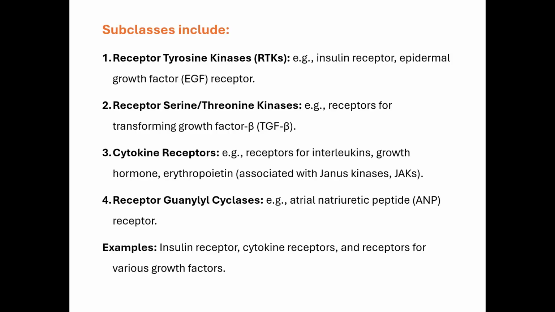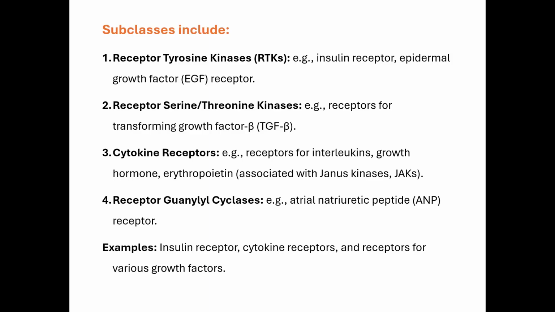And we also have receptor guanylate cyclase, where ANP is an atrial natriuretic peptide. This one is usually released when the heart is getting stressed.